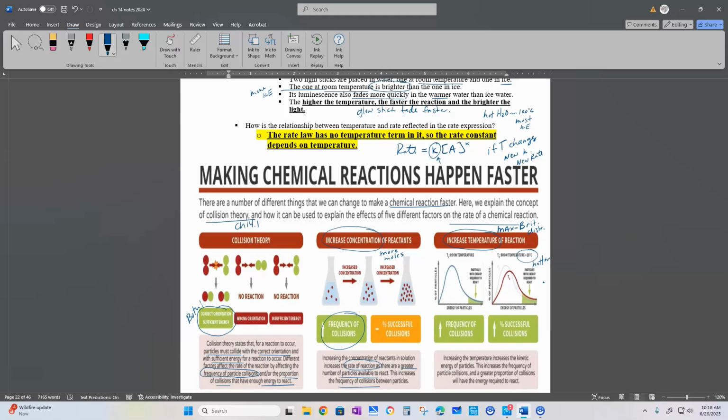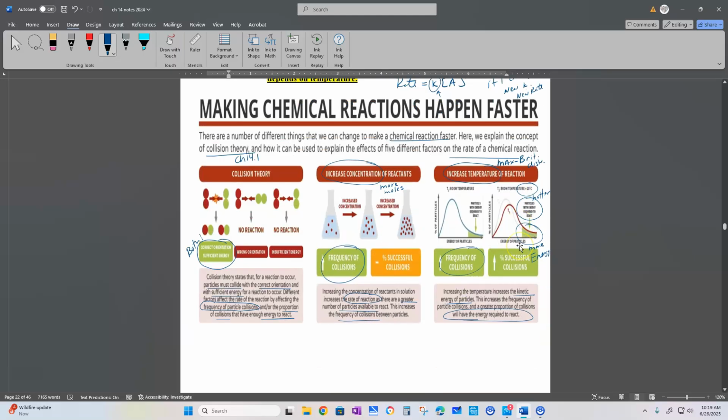Because now you're hotter, you actually have more particles that can collide because you gave them more energy, and because you gave them more energy, you have more particles that can react. So increasing temperature increases kinetic energy, the frequency of collisions, and the proportion of collisions that have enough energy to react.